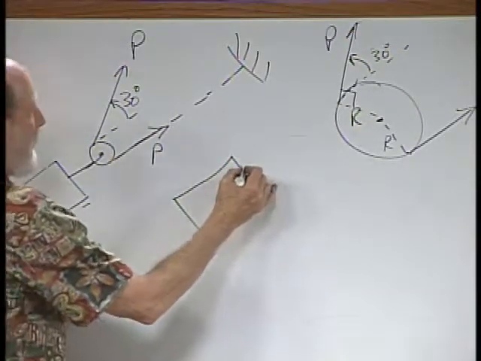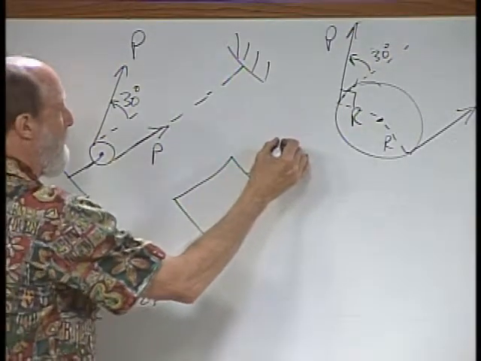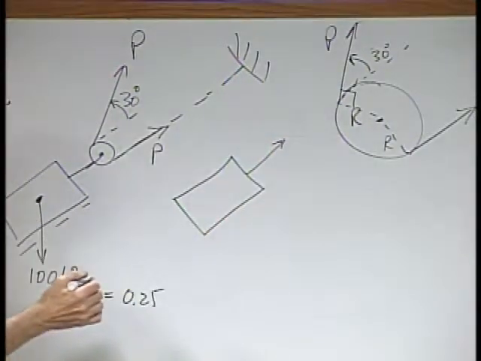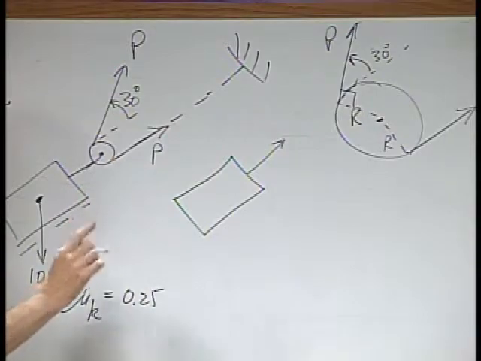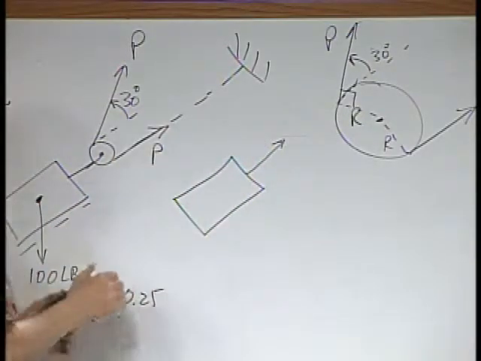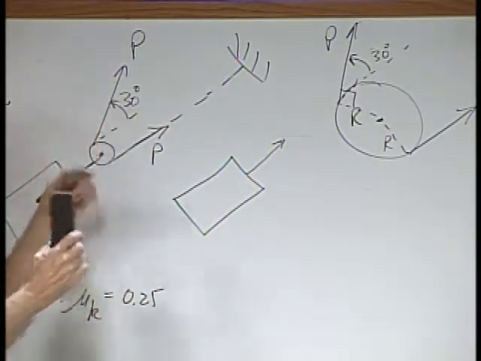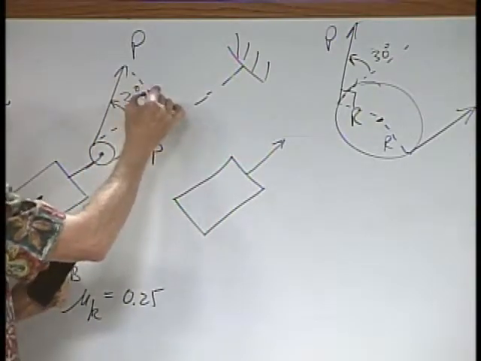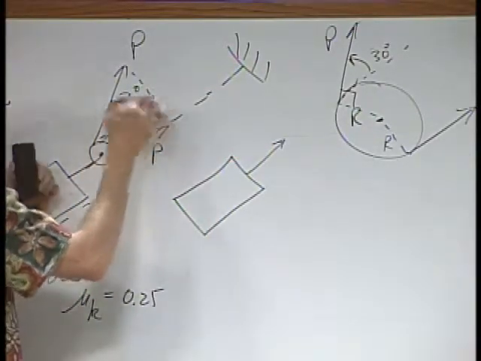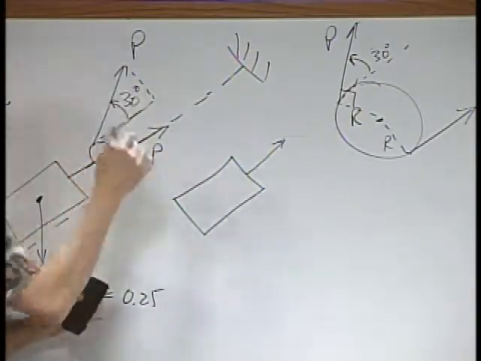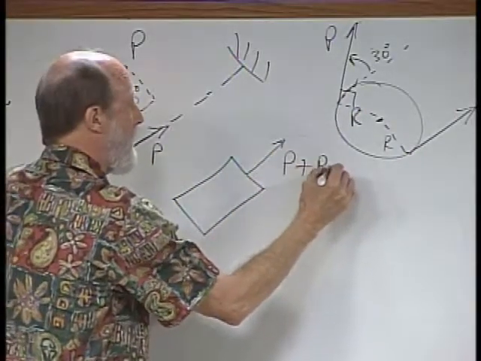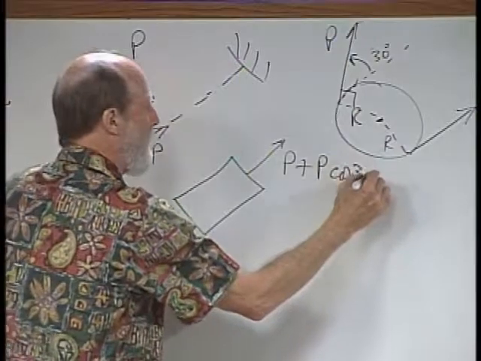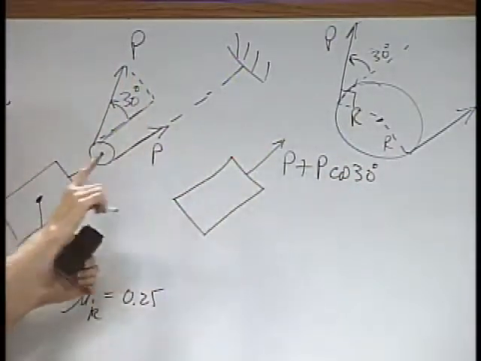So we come in here, and how much force is now pointing up the ramp? Parallel to the ramp. P plus P cosine 30 degrees, the adjacent edge of this piece of force. So there is P plus P cosine 30 degrees up the ramp.